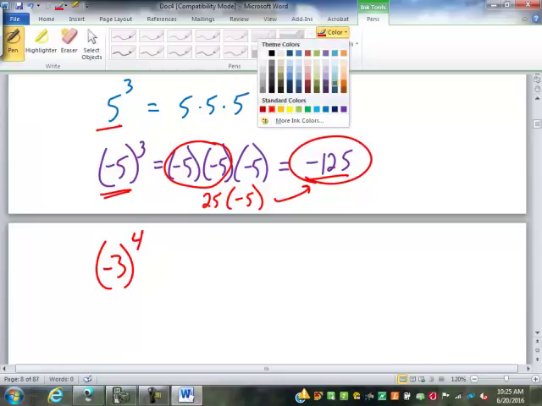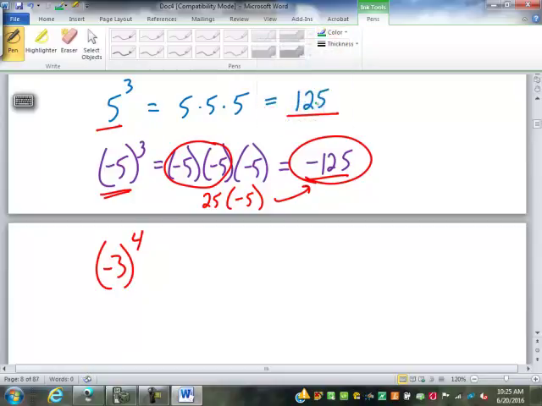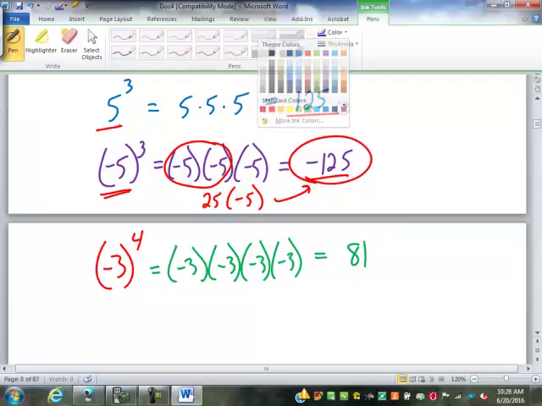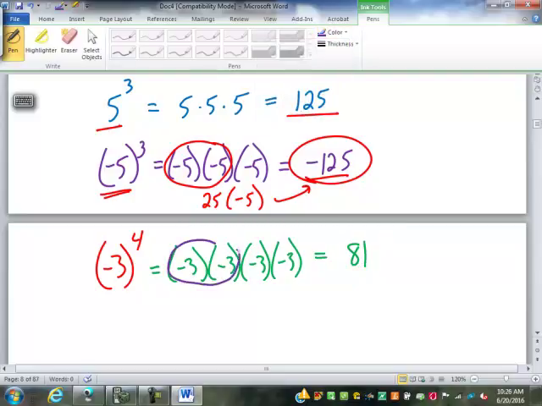How about if I take something like negative 3 to the power of 4? Well, that's going to be 4 negative 3's multiplied together. It comes out to be a positive 81. If we go through it, negative 3 times negative 3 is a positive 9.